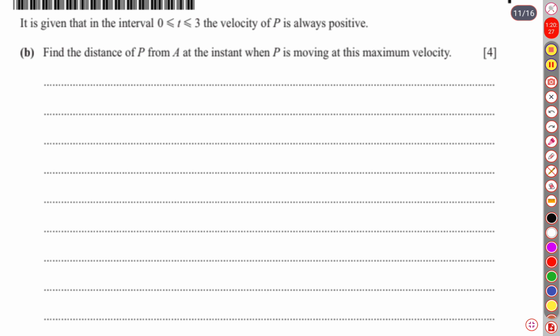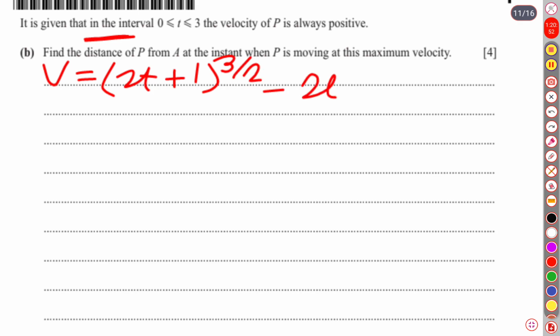For a displacement or distance, we will have to integrate velocity. So V is equal to 2t plus 1 raised to 3 over 2 minus 2t square.